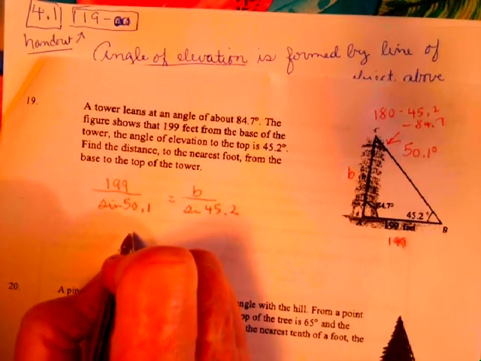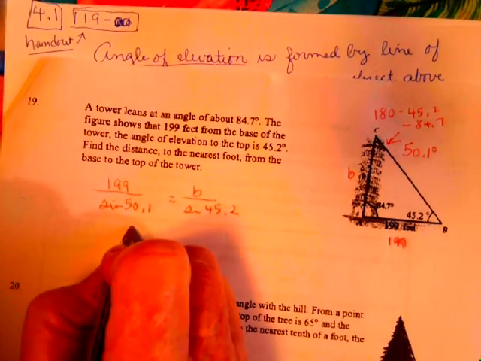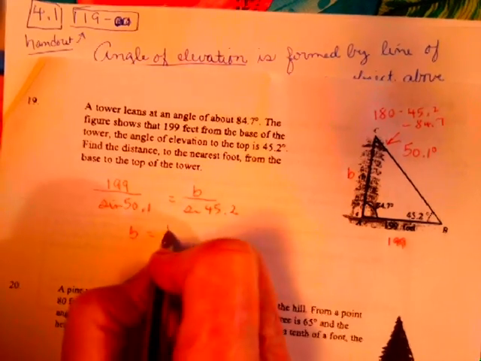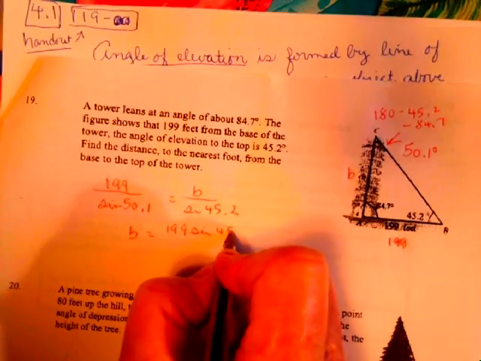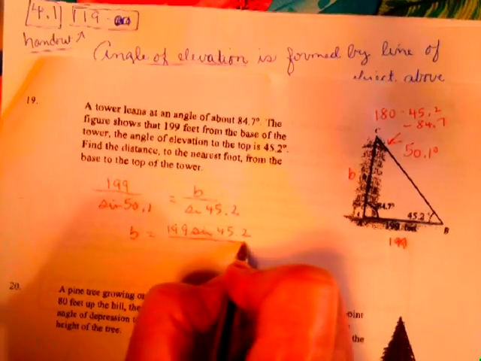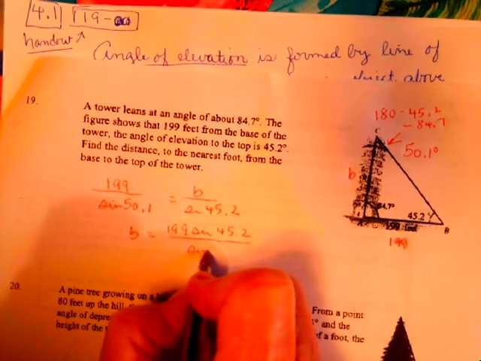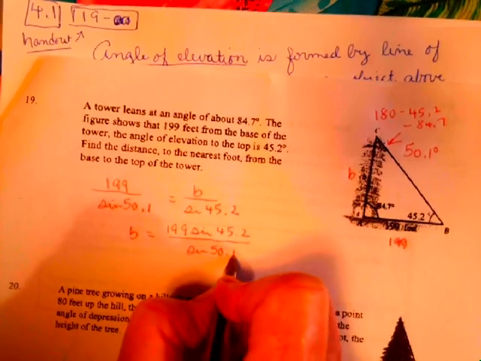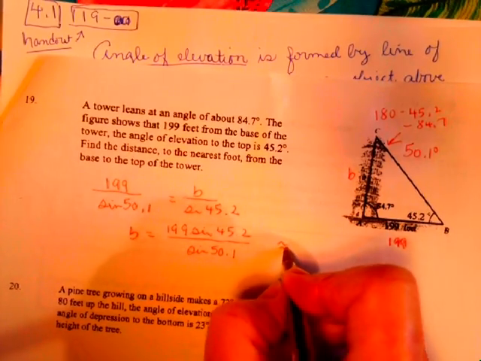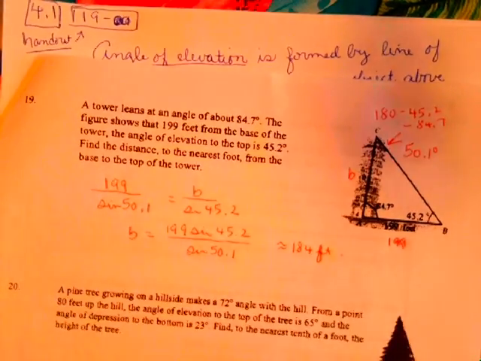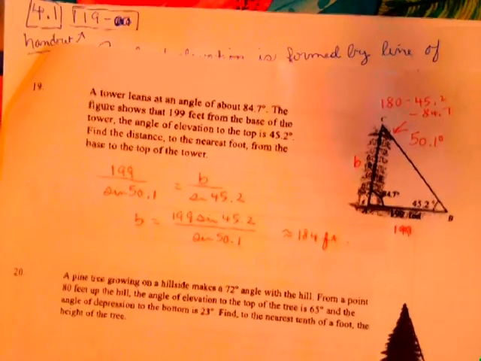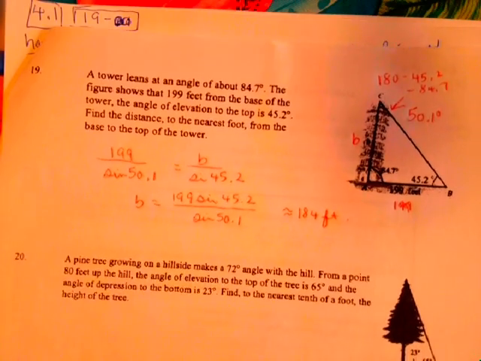Cross multiply, divide. B equals 199 times the sine of 45.2 divided by the sine of 50.1, approximately 184 feet. Fairly easy little problem.